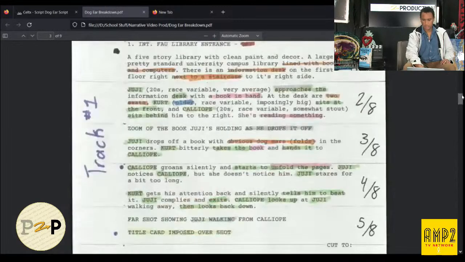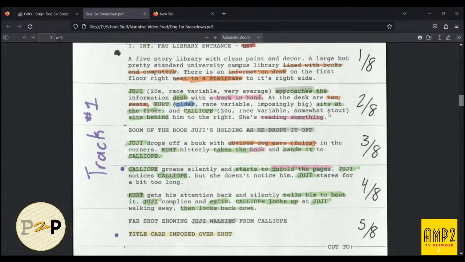And now you're going to see these little fractions over here. This is also a big part of the script breakdown. You want to divide your scripts into eighths per page because it tells the producers, especially the script supervisor, how long a scene is. Like 1/8, 2/8, 3/8. If you were to divide it by eighths in length, if a page is 1 minute long, then a scene is 1/8 of a minute.